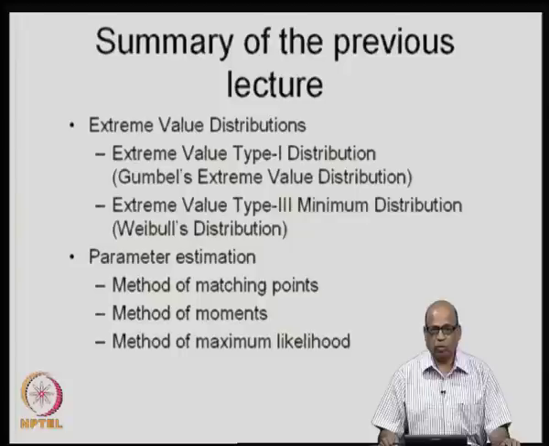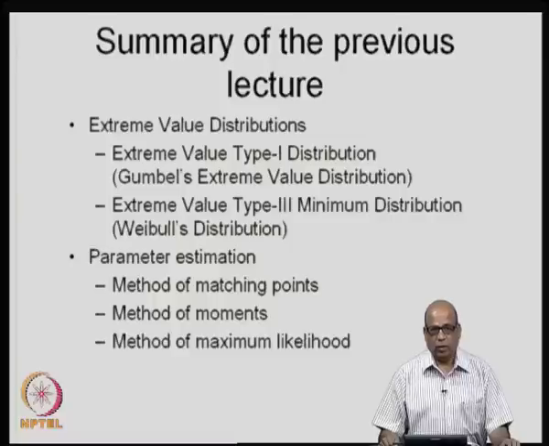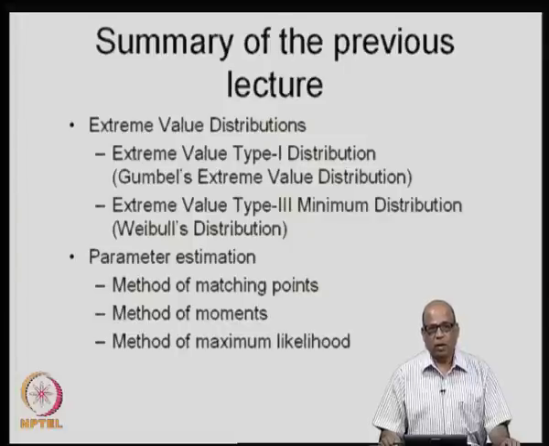The second moment you take about the mean, and therefore, you define the variance. You generate as many moments as you have parameters, solve those equations and then get the parameters from the sample.